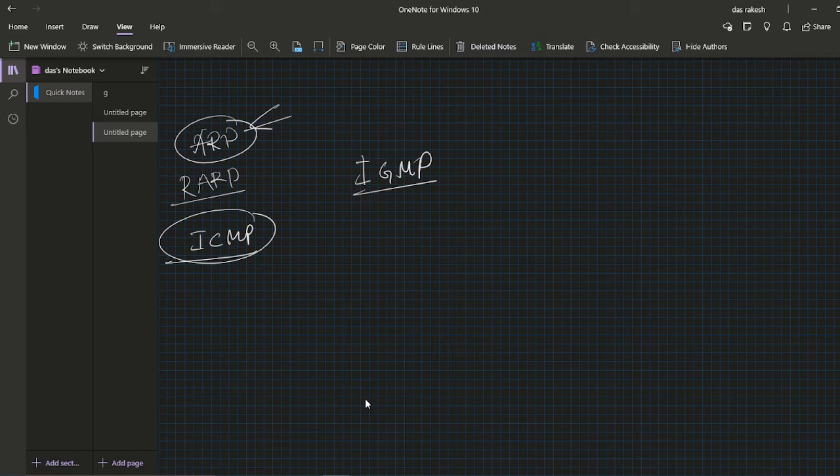So IGMP is an integral part of IP multicast and allows the network to direct multicast transmissions only to hosts that have requested them.